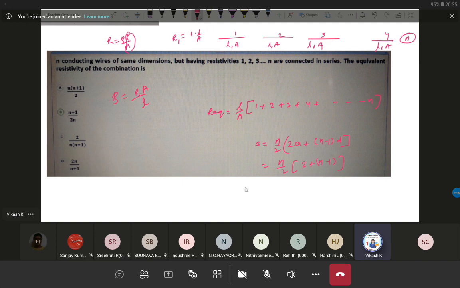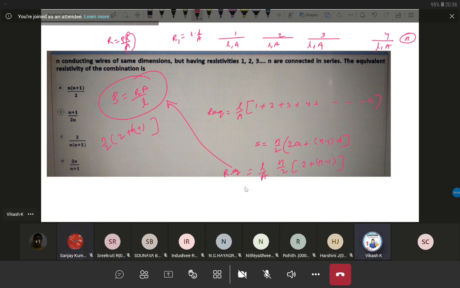Resistivity equal to RA by L. Can it be written? Yes or no? So here we have L by A, and this is nothing but R equivalent. If I substitute this value in this question, what is left with us? N by 2 into 2 plus n minus 1, isn't it? Yes or no? Because A and L will get cancelled with each other, right?